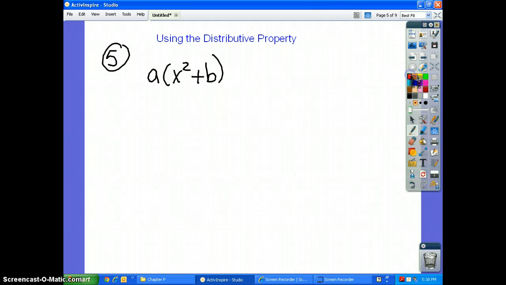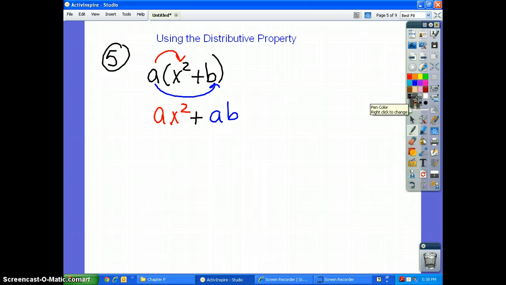So using the distributive property means multiply these two expressions together. A times x squared gives me ax squared plus a times b. And this happens to be your expanded form for the distributive property problem that you have.